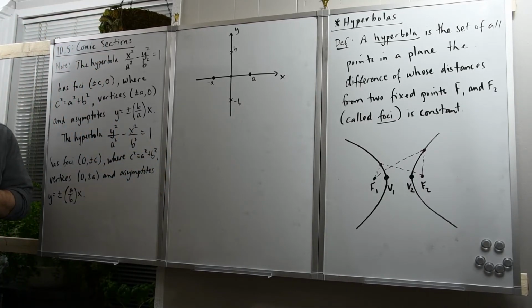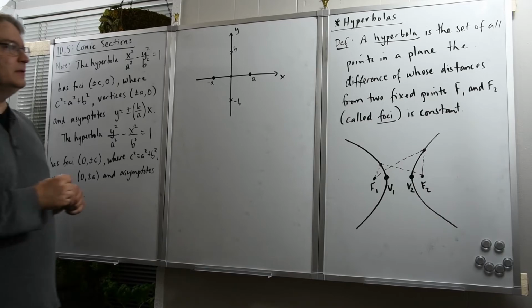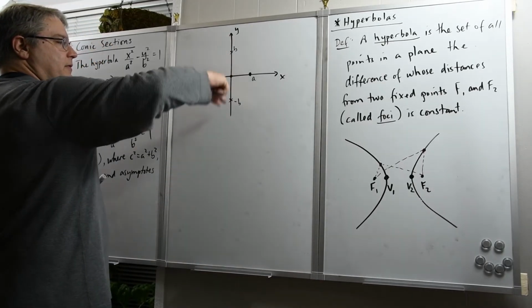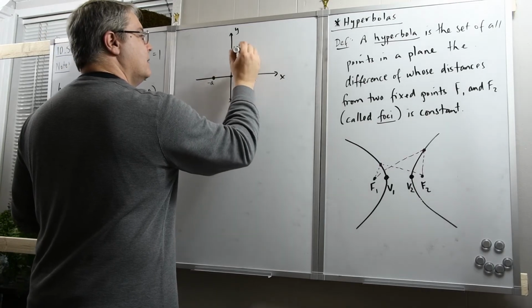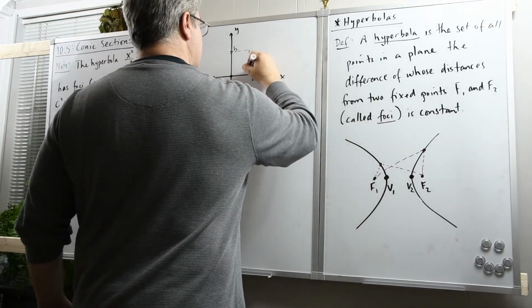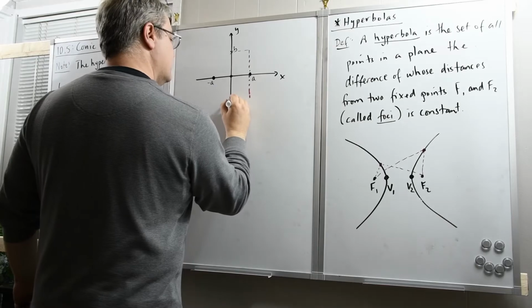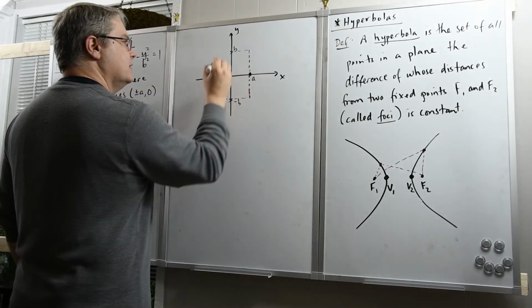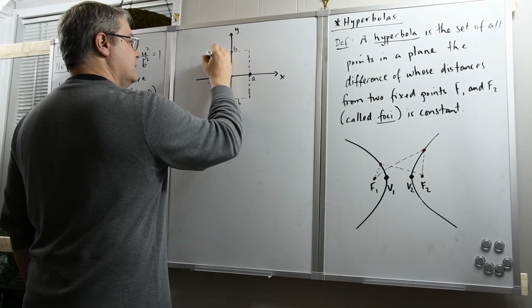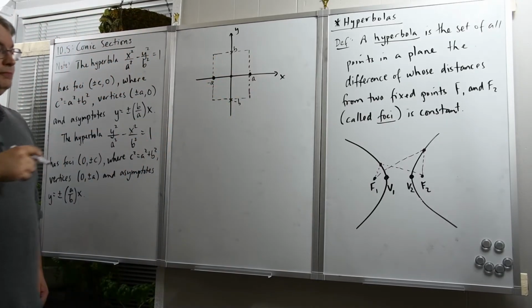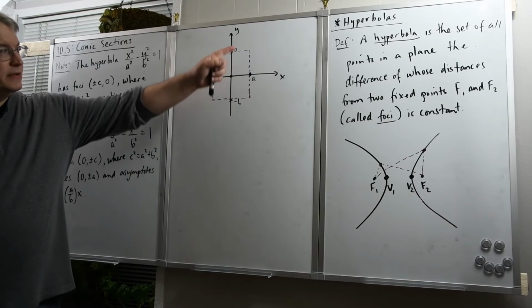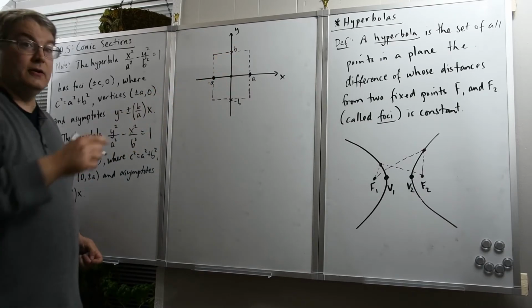We'll draw a rectangle in the following fashion. The rectangle is going to have a height here of 2b and a width of 2a. So we end up using this rectangle essentially as sort of a guideline for drawing the hyperbola. Now, take a look at the diagonals of this rectangle and then extend them.